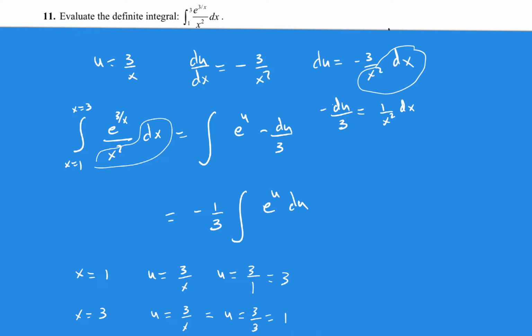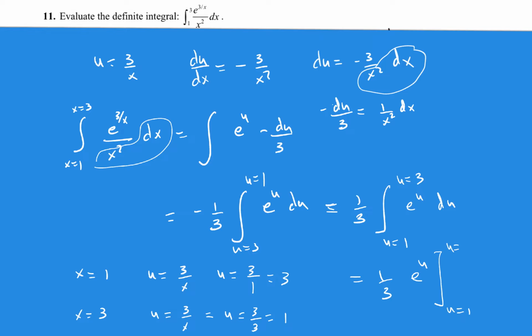So the limit of integration is from u equals 3 to u equals 1. So I may change the sign of 1/3 and put from u equals 1 to u equals 3 of e to the u du. And the integral of e to the u du is very easy, it is e to the u, evaluated between u equals 1 and u equals 3.